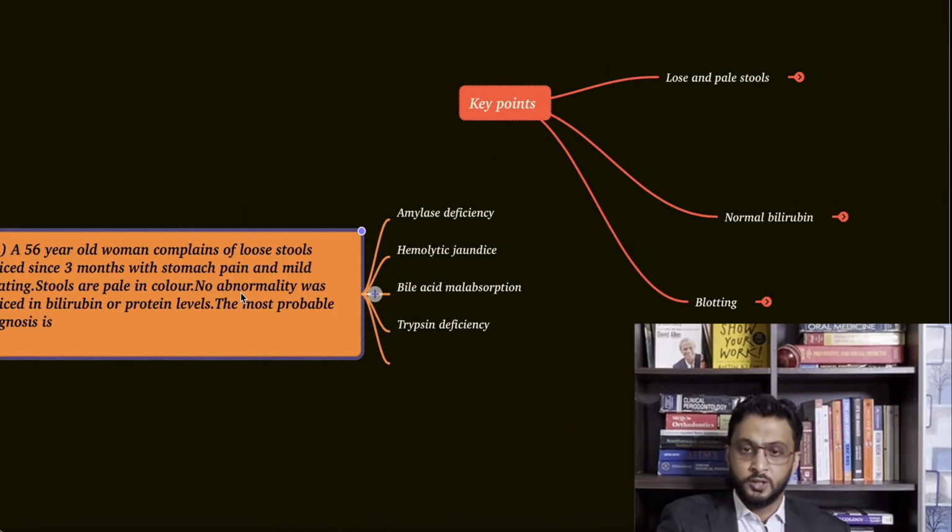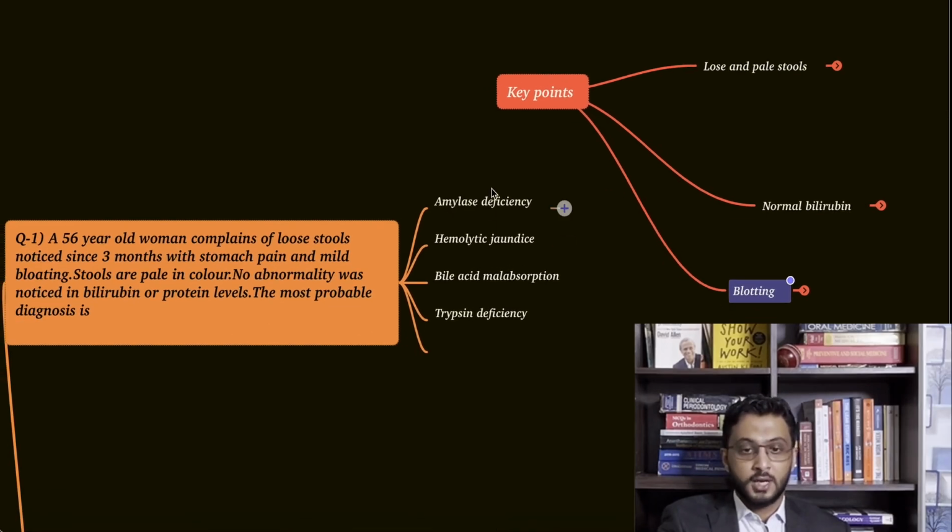The first question is not jaundice because of normal bilirubin, but there is some problem with the digestive system which caused loose pale stools with bloating. Again, a digestion problem. So now let's come to the options. Hemolytic jaundice is excluded right now, because that's not jaundice as bilirubin is normal.